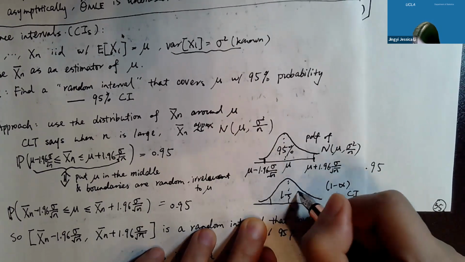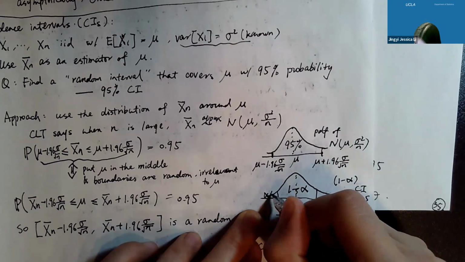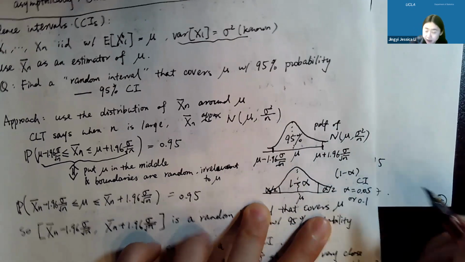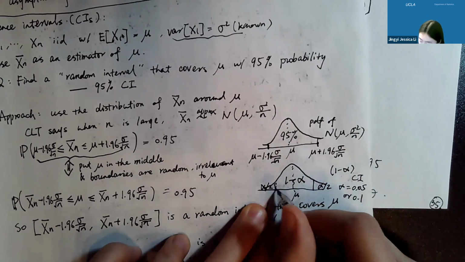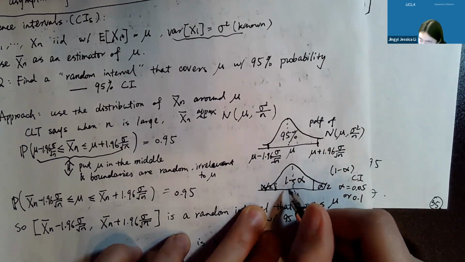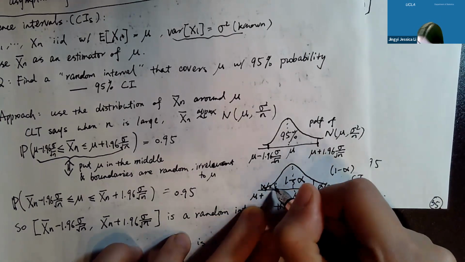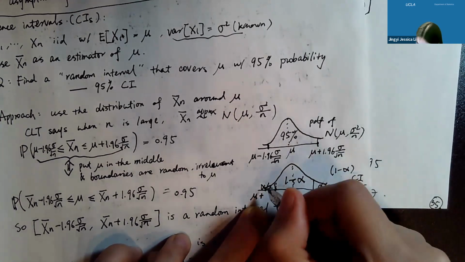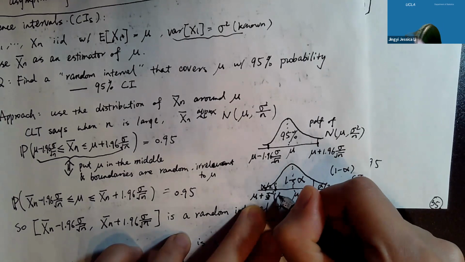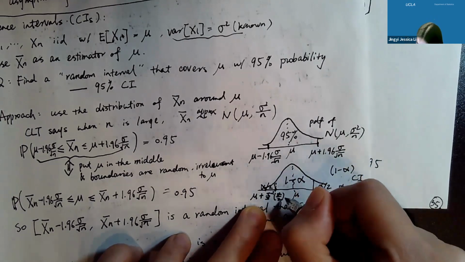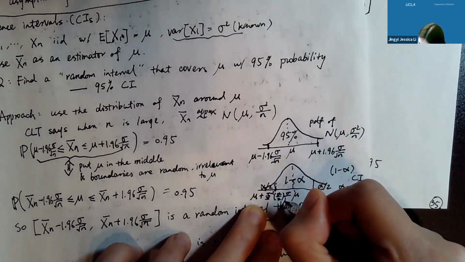If you want to have 1 minus alpha in the middle, by symmetry, you have alpha over 2 in the two tails. So in other words, how far away you are from the mu is defined by mu plus the quantile from standard normal, the inverse of the standard normal CDF at alpha over 2, times the standard deviation of this normal. Here, the standard deviation is sigma over root n.